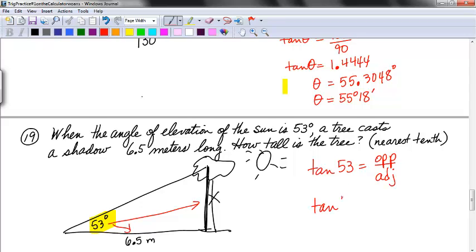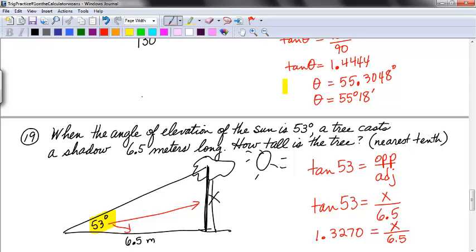Tangent of 53 is x divided by 6.5. So figure tangent of 53, and it's 1.3270 equals x divided by 6.5.